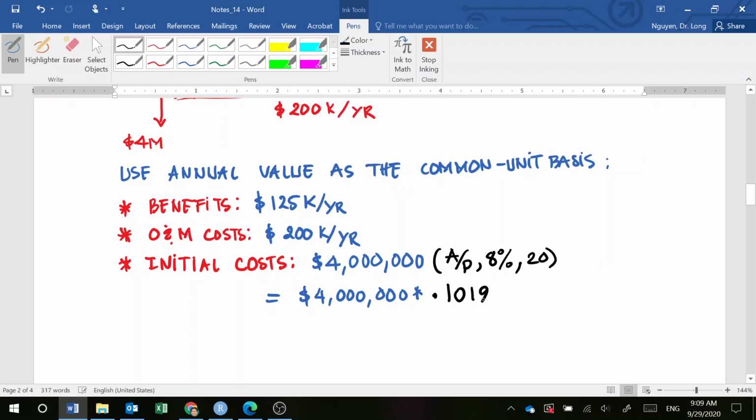We get 407,600, and this is the annual amount per year. Basically the initial cost, the equivalent of 4 million dollars spent at time zero, is equivalent to spending 407,600 per year for 20 years.